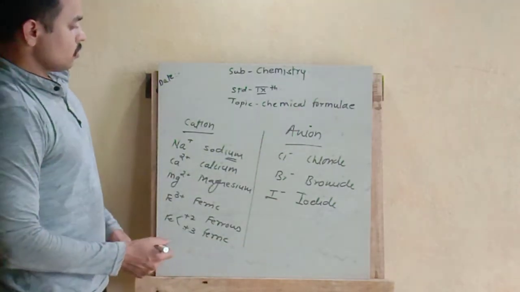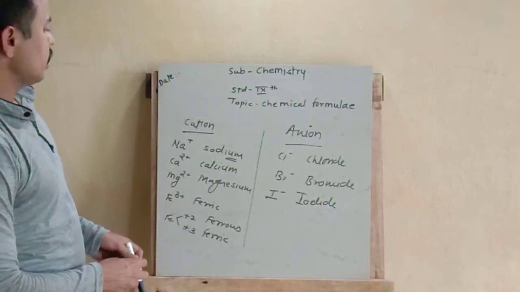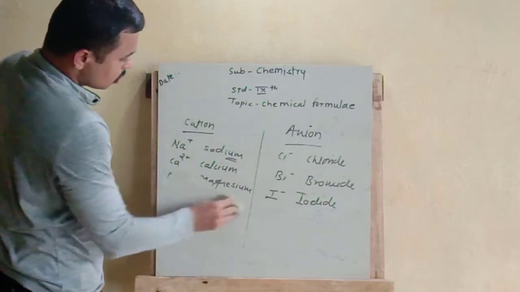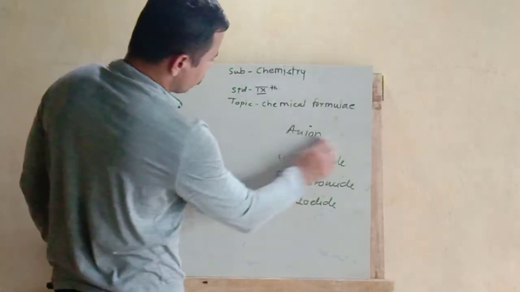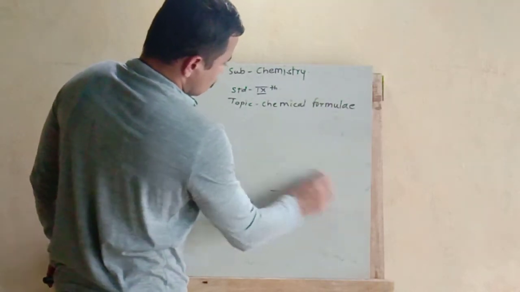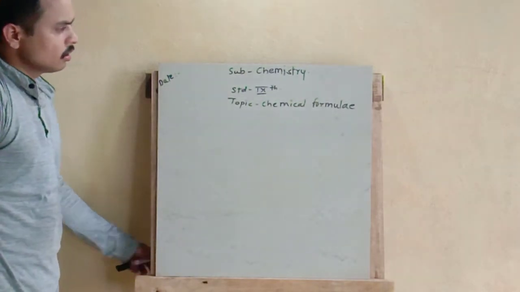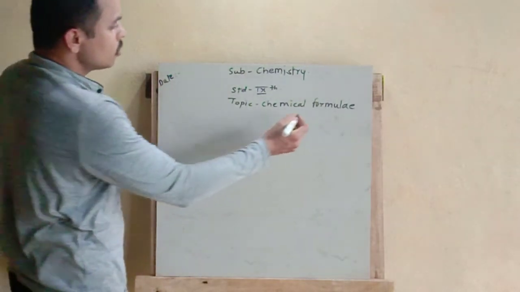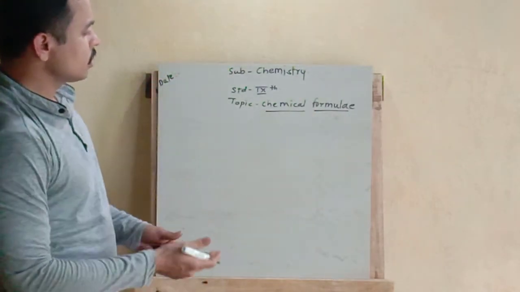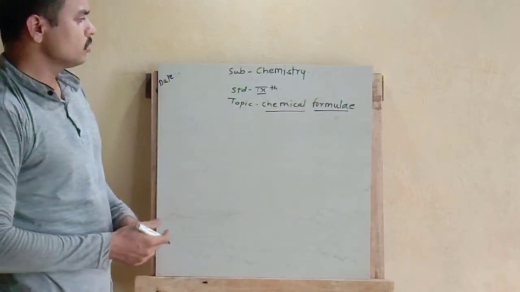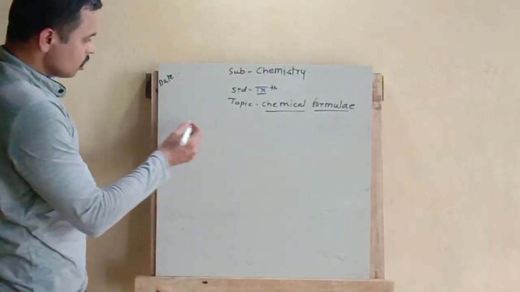Now after these cation and anion examples, it is time to come to the point, that is chemical formulae. The formulae which are made up of two charged species connected to each other form what is called a chemical formula.